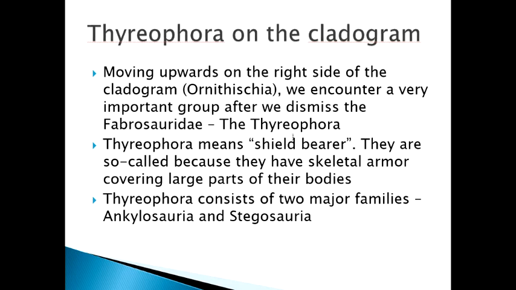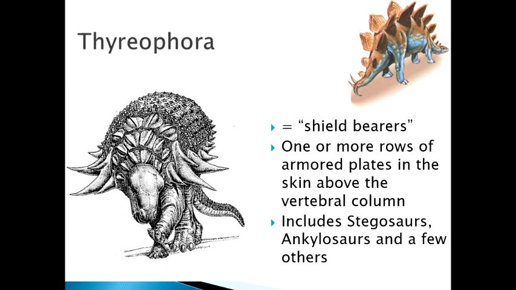Thyreophora literally means shield bearer. These are organisms that have huge sections of enhanced or enlarged skeletal chunks that become armor on the parts of their bodies, usually over the back area. And we have two different families, the Ankylosauria and the Stegosauria. You see here the little stegosaur on the right and the Ankylosaur on the left.